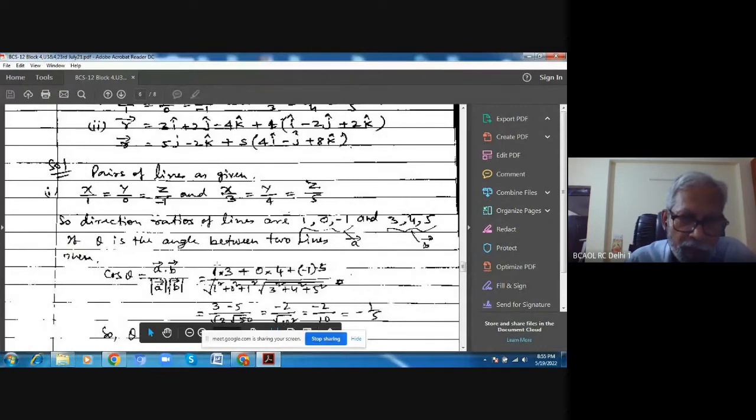Now this is the formula, actually yesterday I told you, for the angle theta: cos theta is equal to a vector into b vector divided by magnitude of a vector and magnitude of b vector. When you read out this formula, how to read it? cos theta is equal to vector A into vector B divided by magnitude of vector A into magnitude of vector B. अगर आप ऐसे याद रखोगे तो ये फॉर्मूला भी याद हो जाएगा धीरे धीरे.